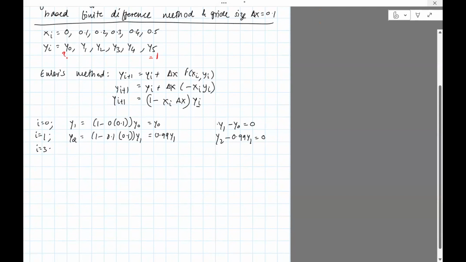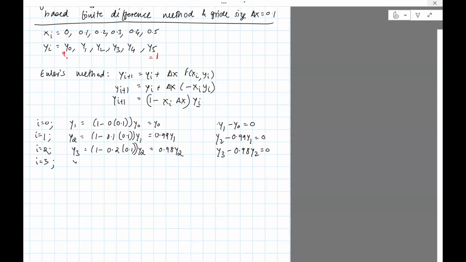Put i equals 2. y3 equals 1 minus xi, which is 0.2, times delta x, 0.1, times yi, which would be y2. This comes out to be 1 minus 0.02, so 0.98 y2. So my third equation is y3 minus 0.98 y2 equals 0.